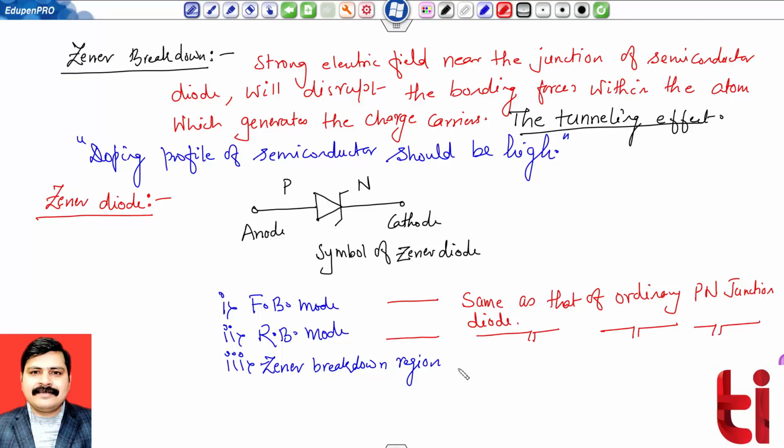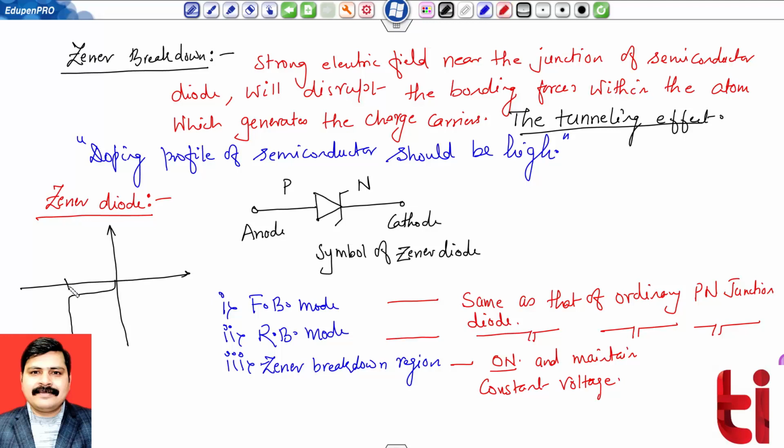However, in this Zener breakdown, my ordinary PN junction diode will be damaged, but this particular diode will work like a constant voltage. So my Zener diode is on in this particular region and maintains constant voltage. So this particular voltage is my VZ, which is my Zener voltage.